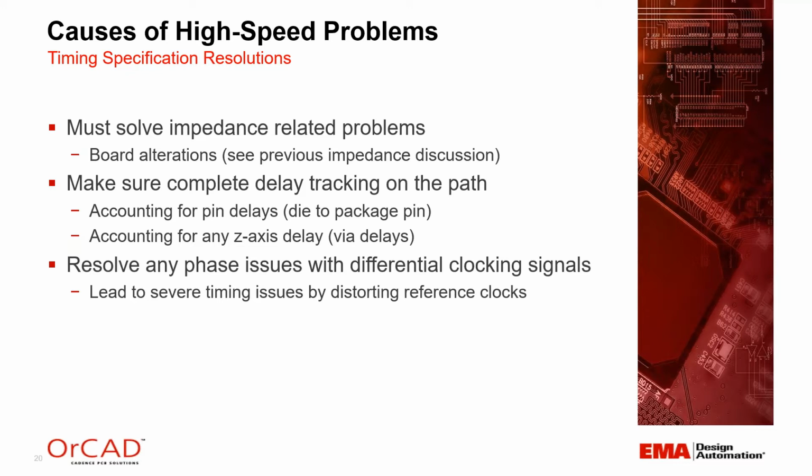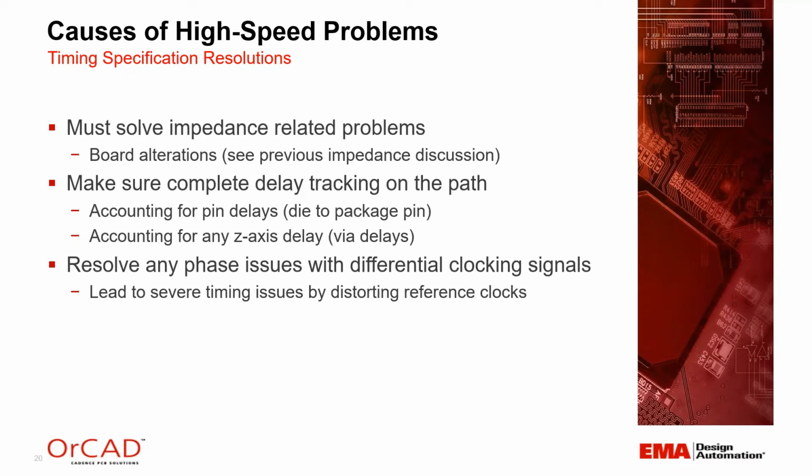So this includes pin delays, which is the delay from the die to the package pin itself, the little wire bond delays. Usually a package that you're using has a particular reference from the vendor of what those wire bond delays might be. So you need to account for those, and you need to account for any Z-axis delays.